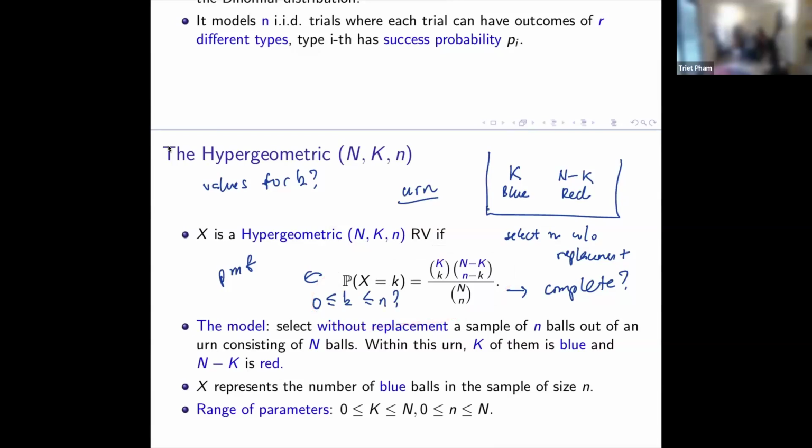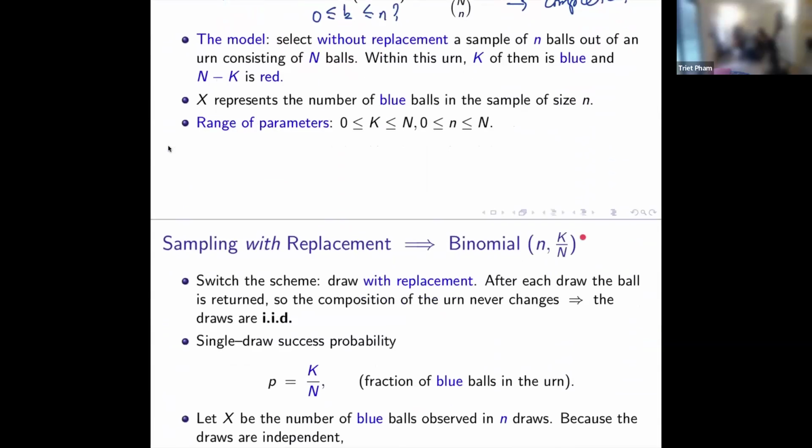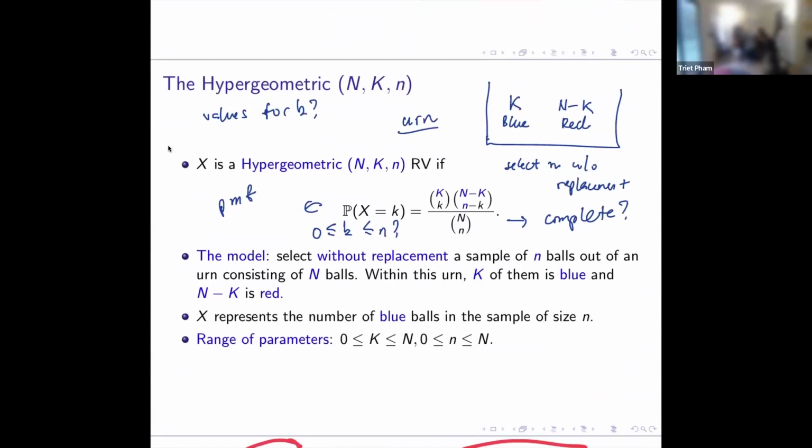Is that true? Just like the binomial here: if it's a binomial, when we sample with replacement, the value is from 0 to little n. Is that the same case here?